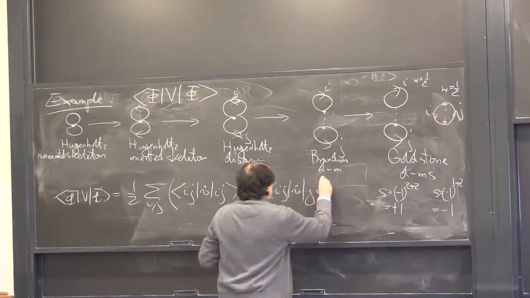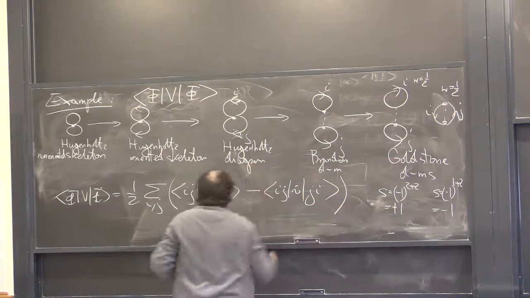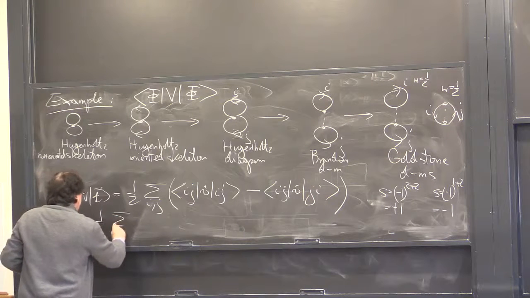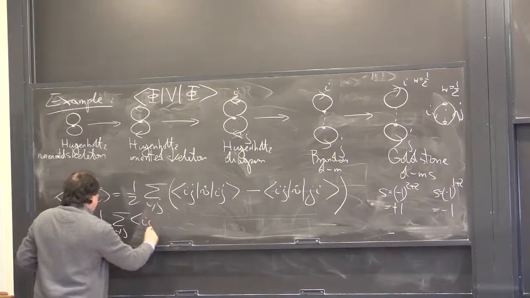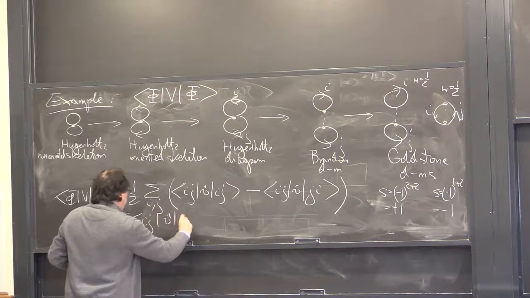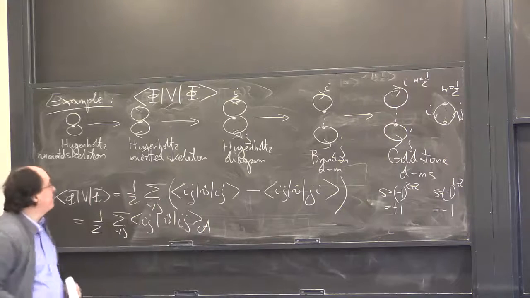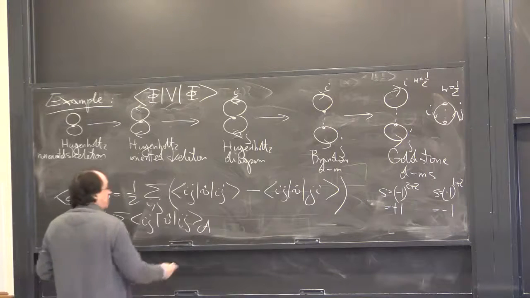I already did this, so this is just a reminder. You could also write it in a compact form as 1/2 sum over ij of <ij|v|ij> antisymmetrized. So that's the well-known formula for the expectation value of the v operator.